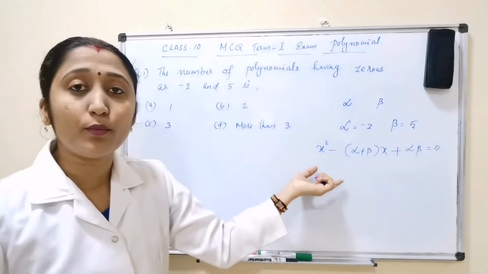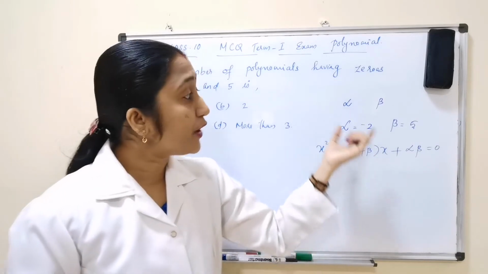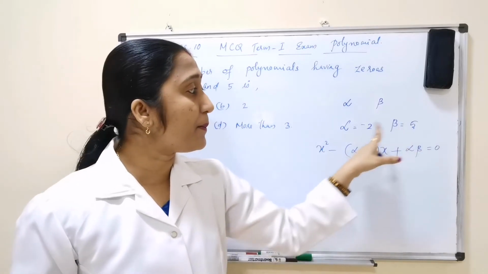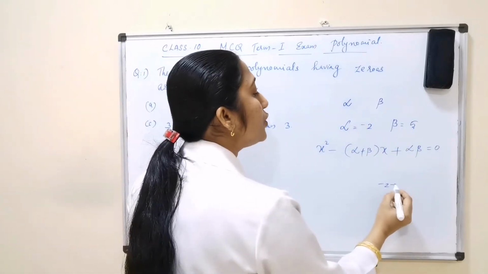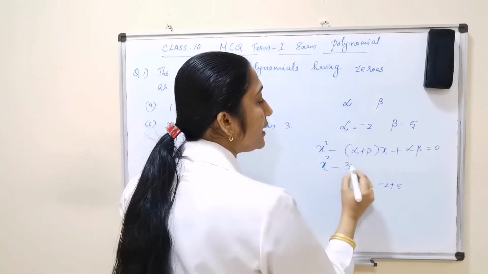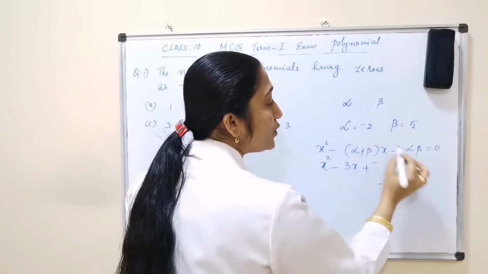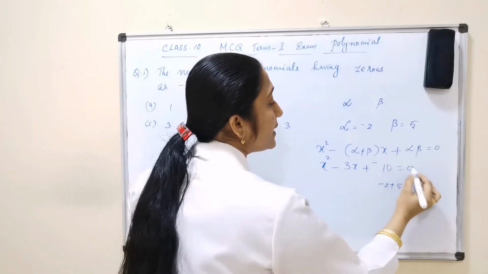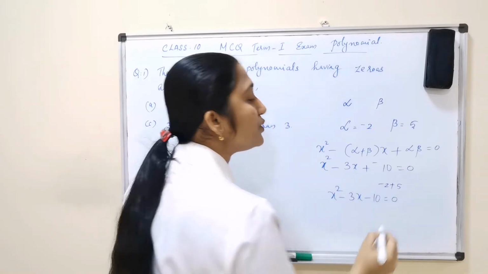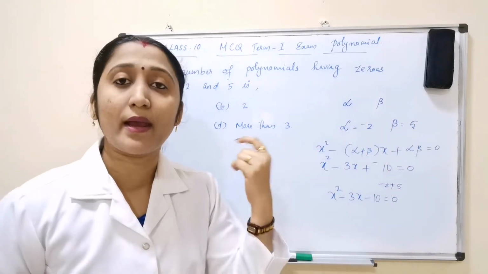The standard formula for the polynomial with zeros alpha and beta is x square minus (alpha plus beta) x plus alpha beta. The sum of the zeros is -2 plus 5, which is 3, and the product is -2 times 5, which is -10. So the polynomial becomes x square minus 3x minus 10 equal to 0, based on the two zeros -2 and 5.